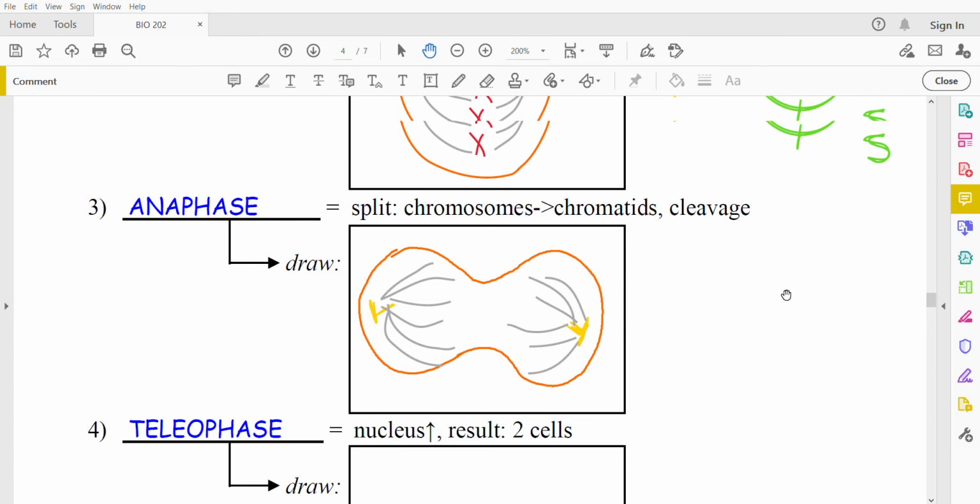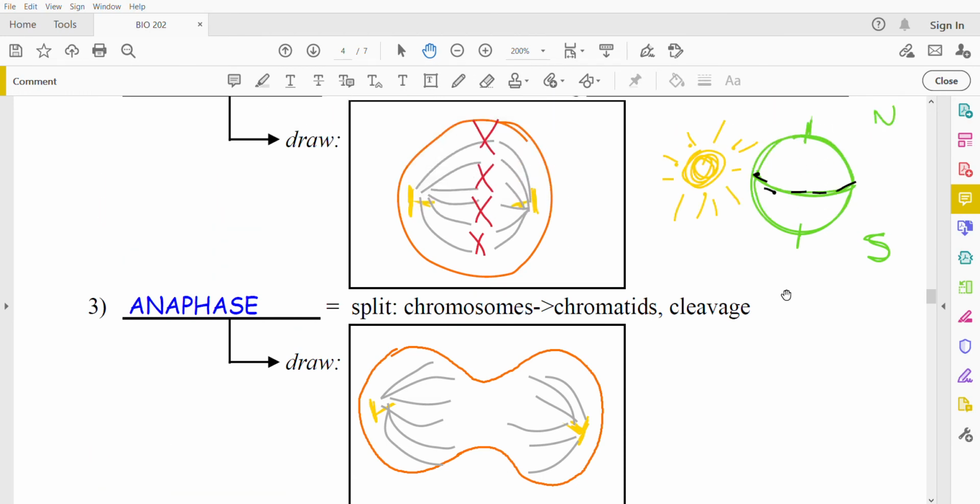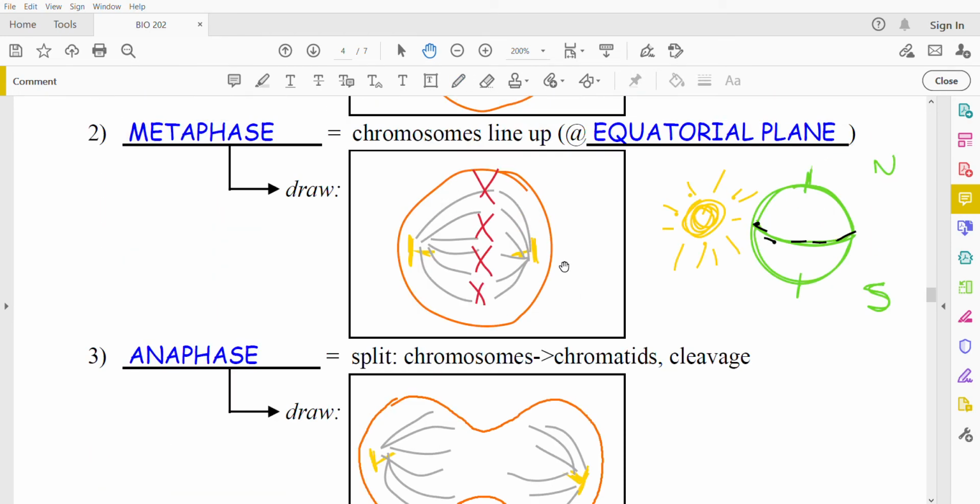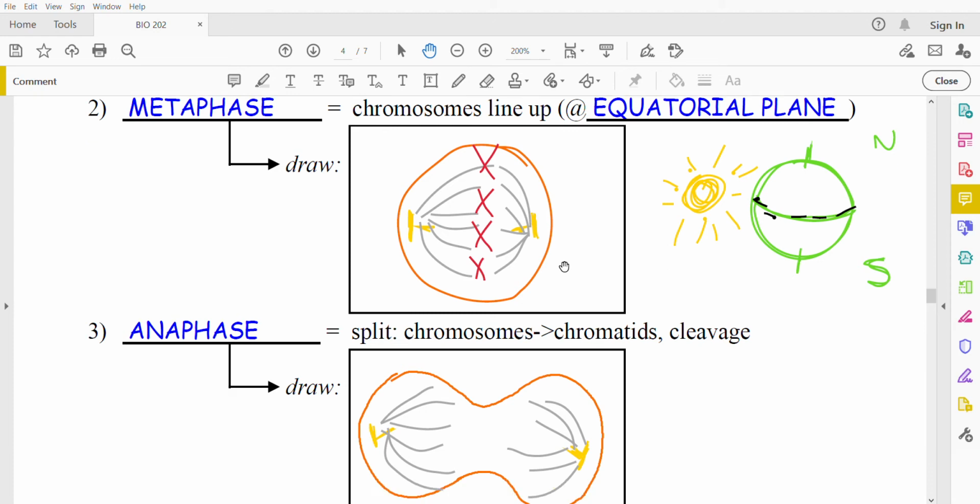And what you saw on this equatorial plane in our previous stage, the metaphase, the chromosomes were attached on both spindles. But now these spindles start pulling apart. And as they pull apart, each chromosome gets split into two.